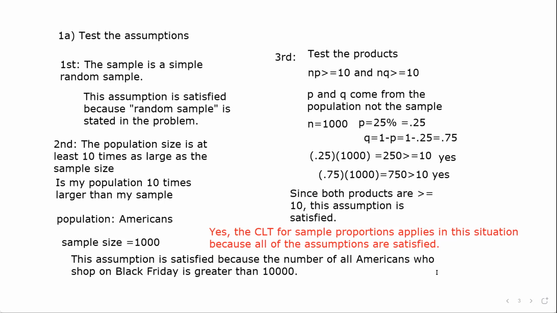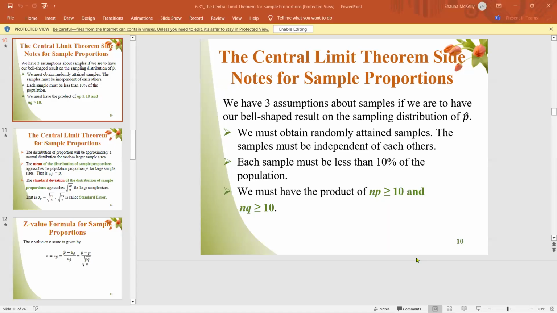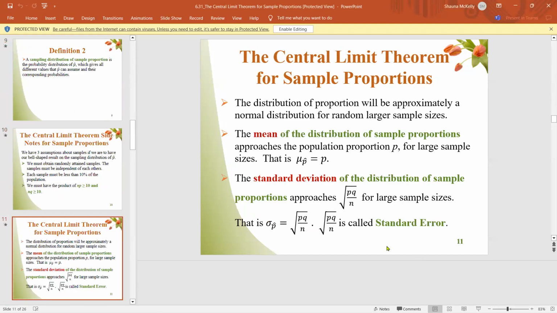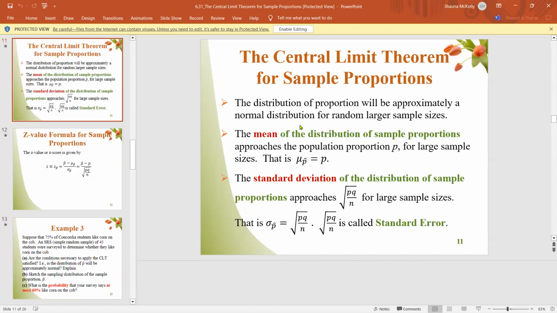Okay, so now let's do this. See, this is how it's connected. And I want you to see that this is what you were missing. So now you fit the bell curve, right? So now we're back to this. The distribution of proportions will be approximately normal because the assumptions work.